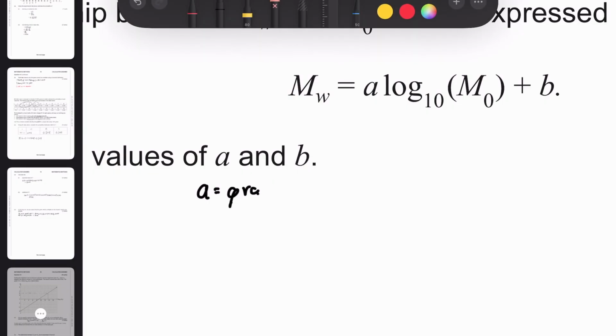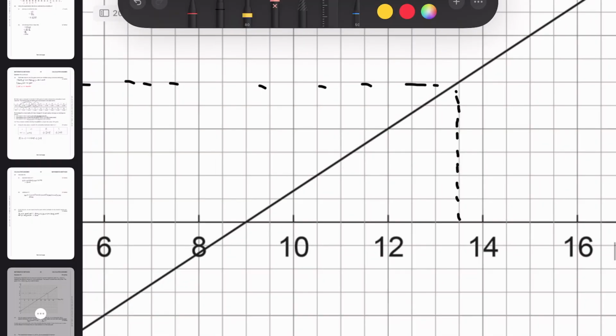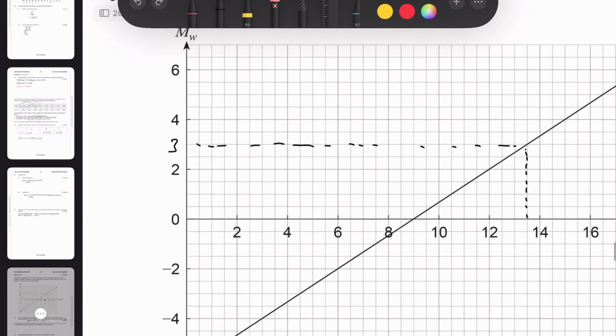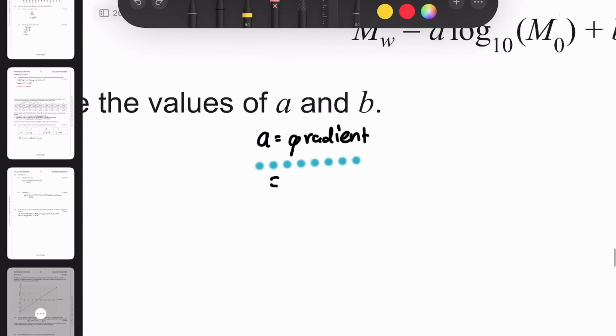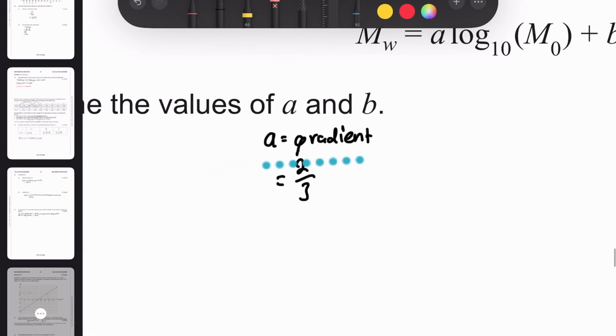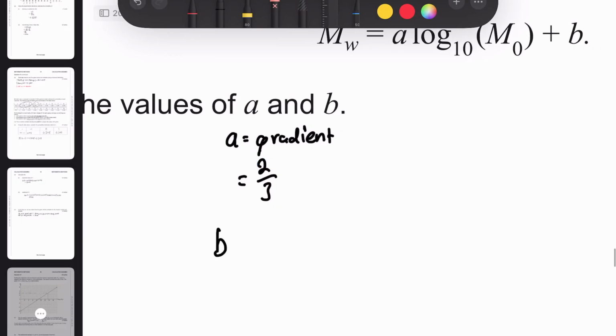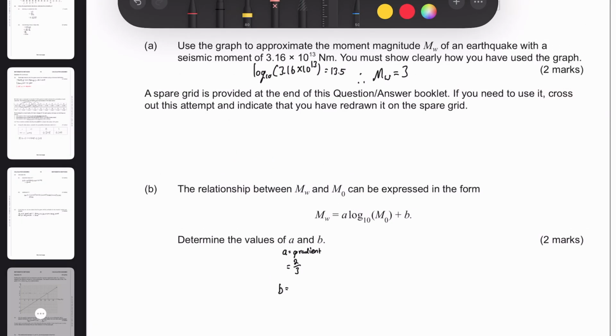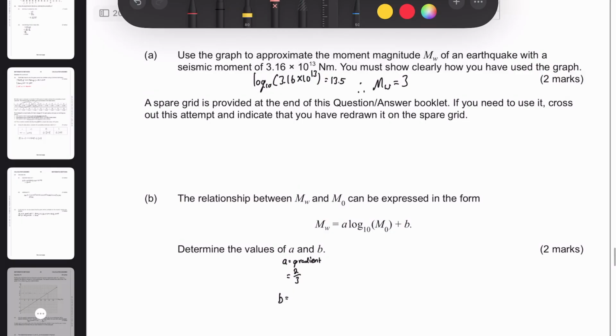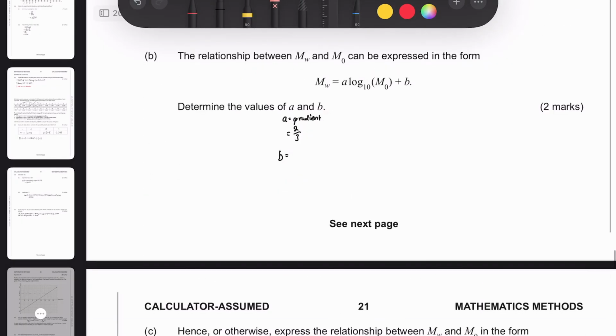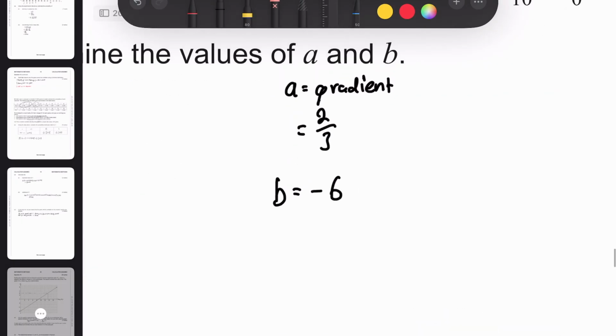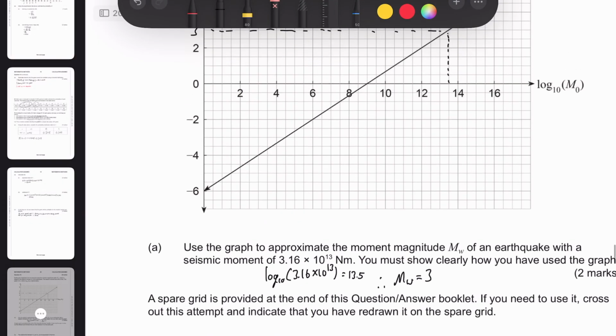Gradient, which is equal to, let's see, we go from 9 to, what's a nice even number, 12 here, so that's 3 across, and we go up by 2. So A is going to be 2 on 3, and then our value when log 10 M0 is 0 is going to be negative 6, so that is our y-intercept, so B is equal to negative 6.